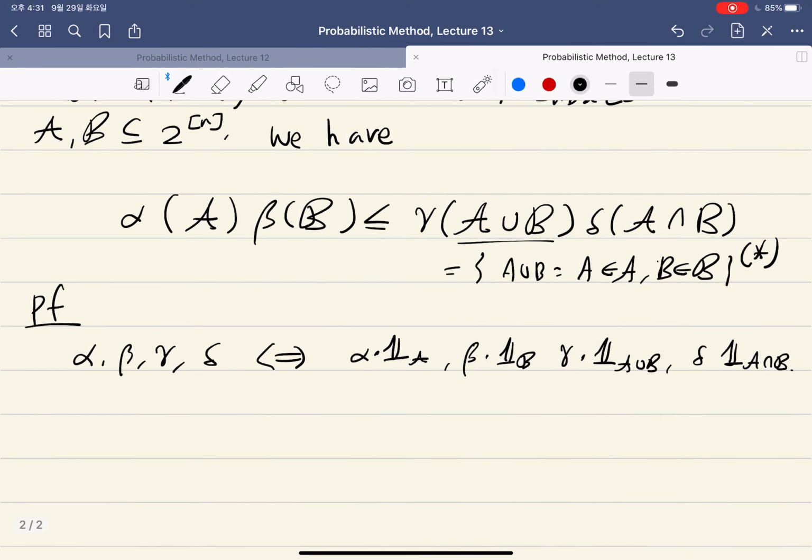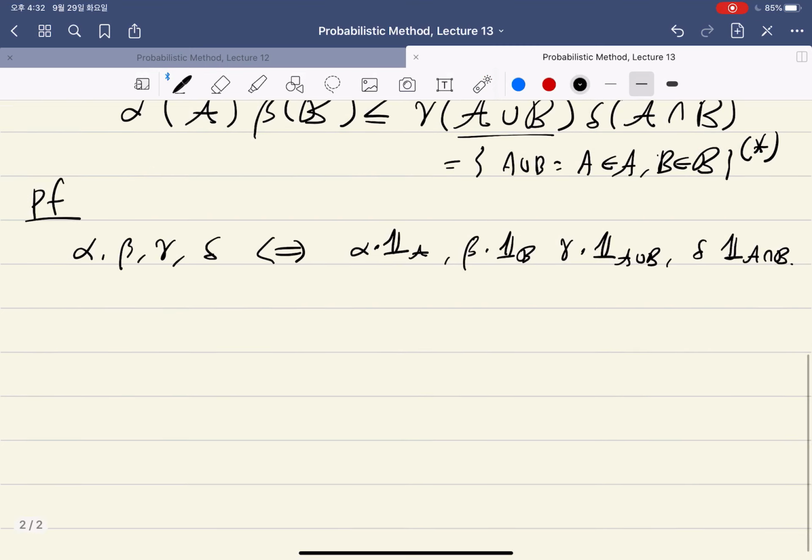And with these two, if you consider the conclusion statement of this theorem on here, alpha of A is the same as alpha of this function, if you consider 2 to the bracket n.